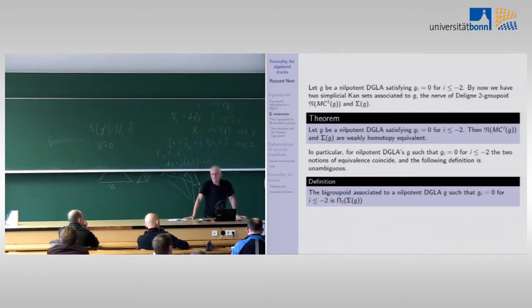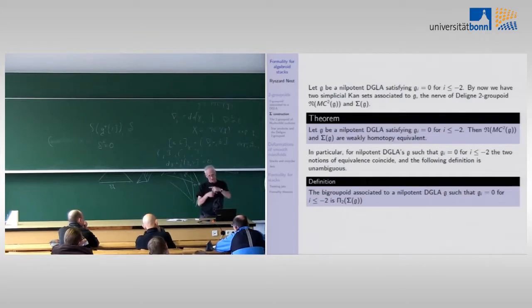On the other hand, it's also an infinity algebra. We can do a Hinich construction, and we get this sigma G, another simplicial set associated to the DGLA. The main result, at least one of the things you really need, is that the two simplicial sets are weakly homotopy equivalent.